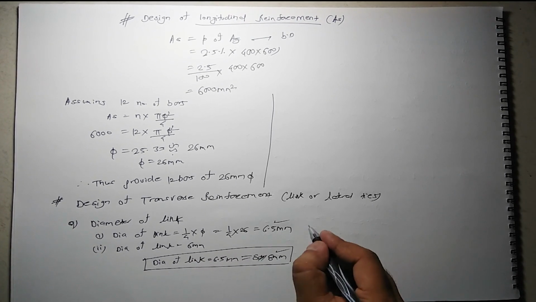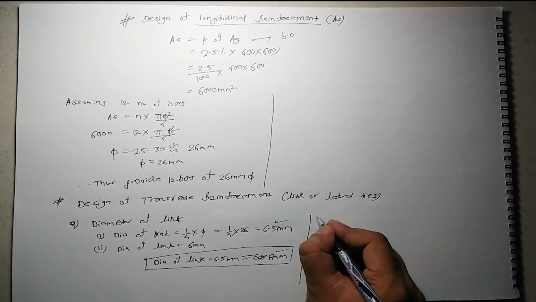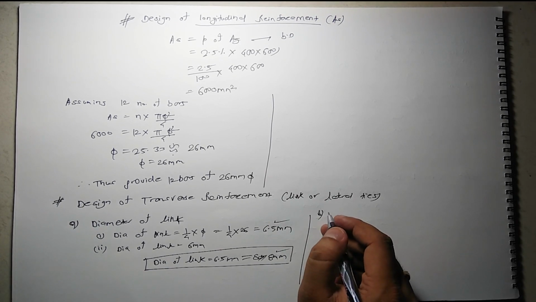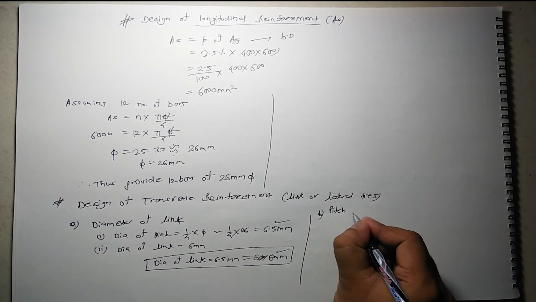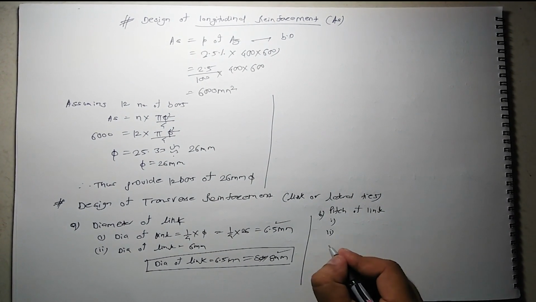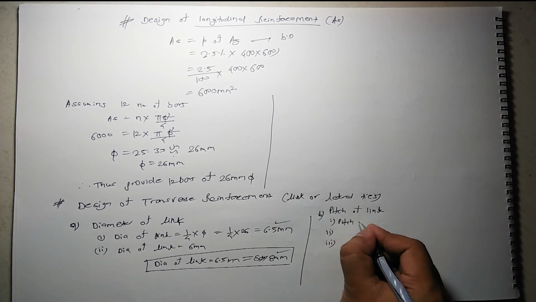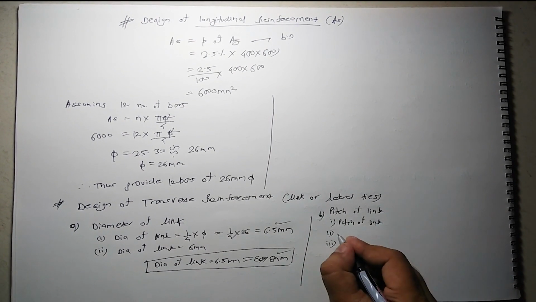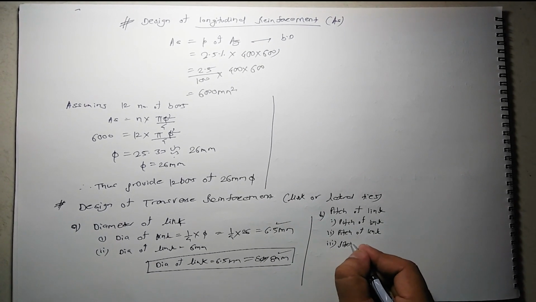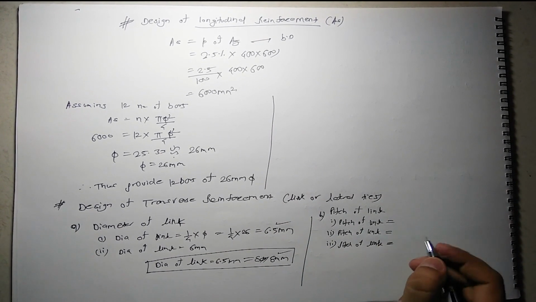Okay, now part B. So pitch of link. We have 3 formulae, so we have 3 conditions, and we need to pick the minimum one.